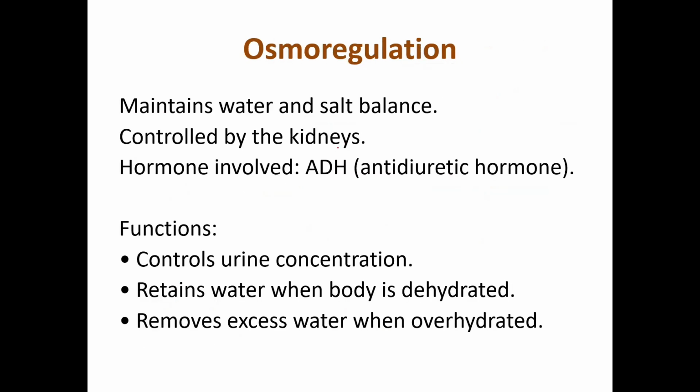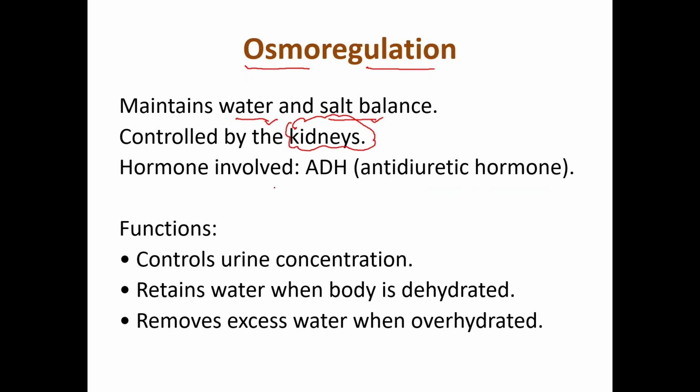Come on to another amazing topic, osmoregulation. Now, what is the meaning of osmoregulation? Osmoregulation means maintaining water and salt concentration in the blood. It maintains the balance of water and salt in the blood, controlled by the organ named kidney, right?